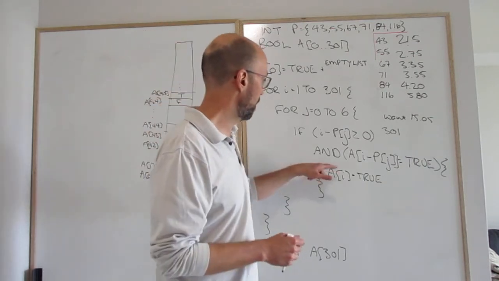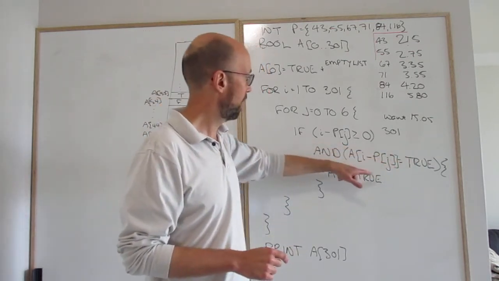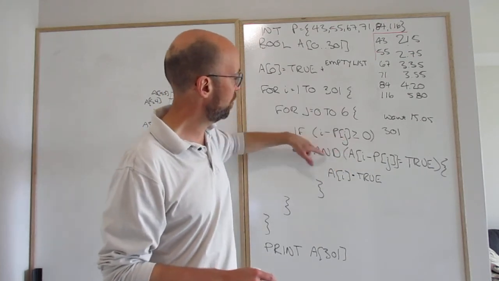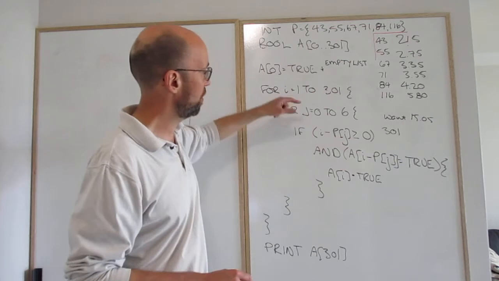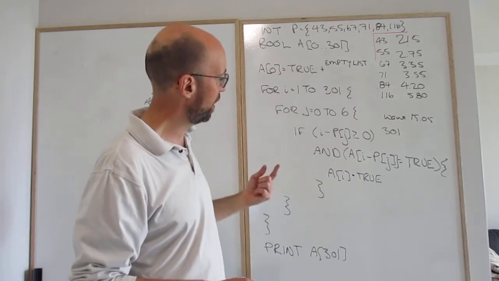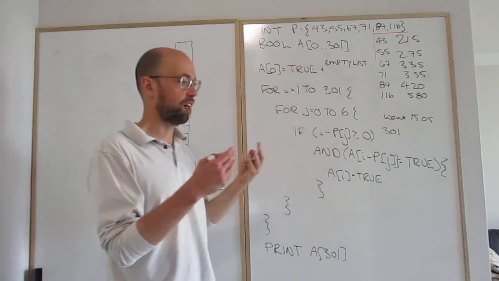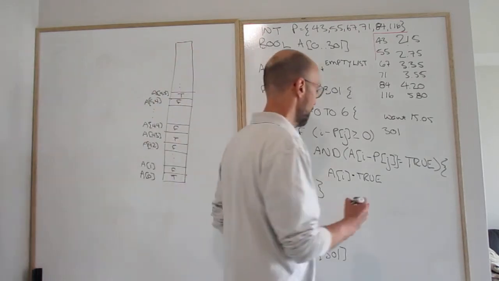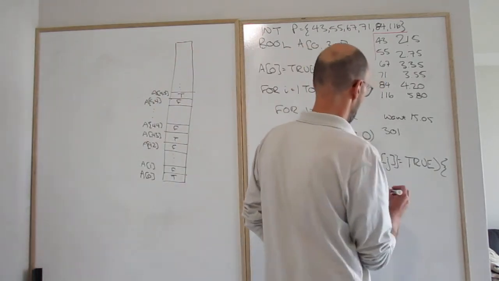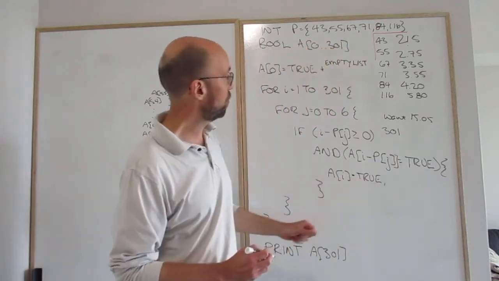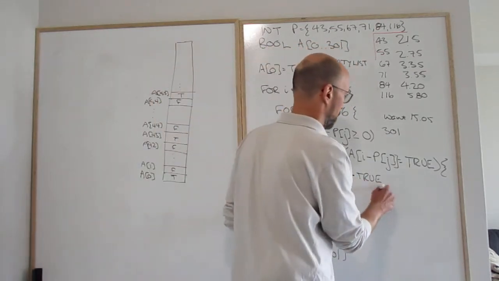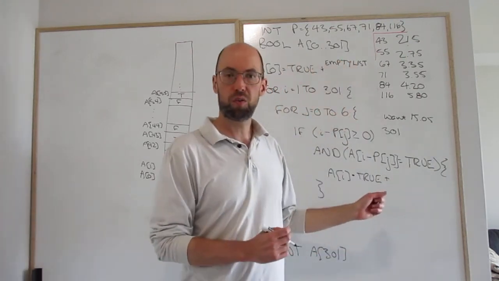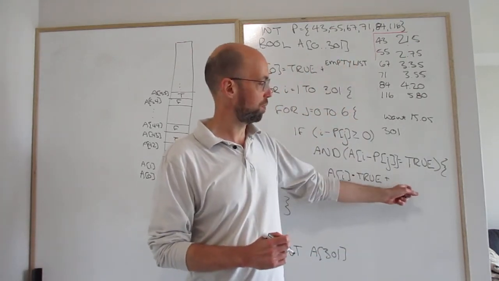So then you can say, okay, if this is true, so we decide that we can make an order with price I by making an order with price I minus pj and then adding something of pj, then we can say, okay, AI is true plus, what am I going to put here?